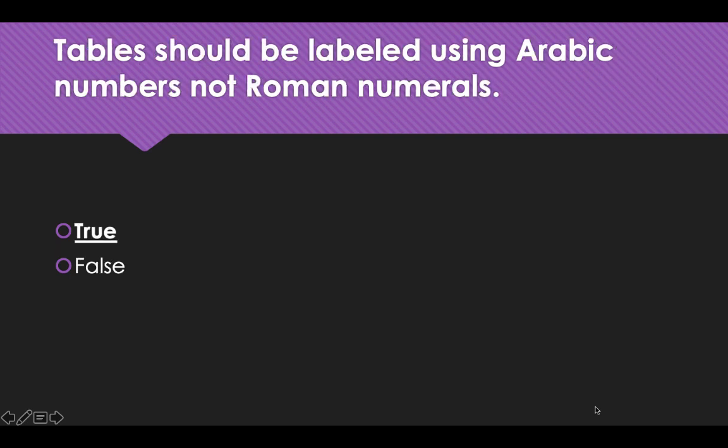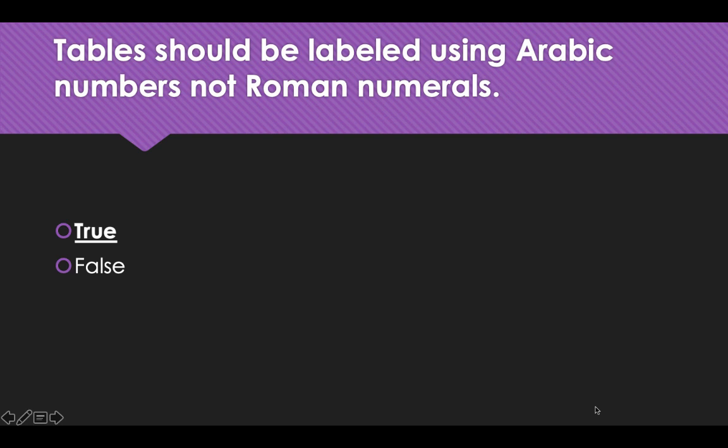Next one, tables should be labeled using Arabic numerals, not Roman numerals. So this is true, and this is talked about in chapter 13, where it talks about the use of tables. And this is actually an APA thing as well. So it's not just general research stuff, but actually APA.